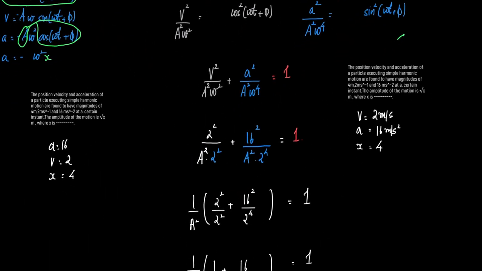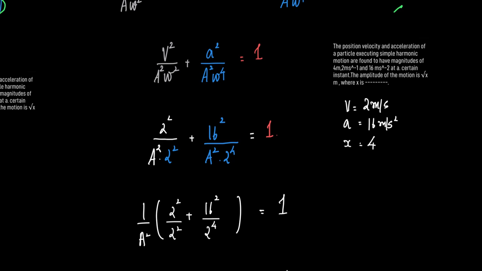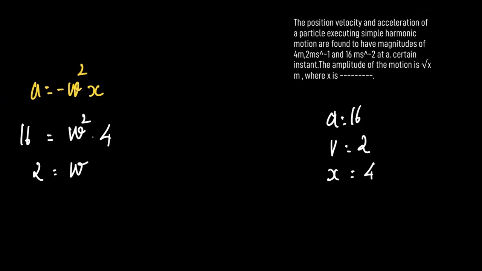But we know the relationship between acceleration and displacement, which is a is equal to minus omega square x. Which means, taking the magnitude, 16 is equal to omega square times 4. Therefore, omega square is equal to 4 and omega is equal to 2.